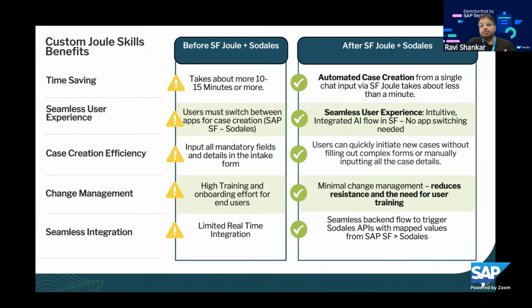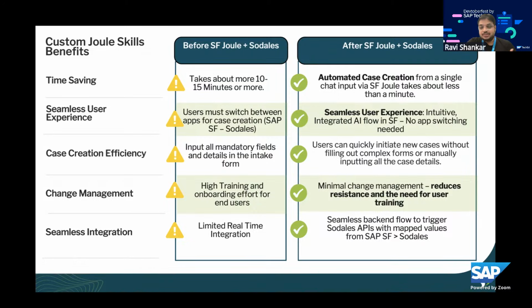We have customers looking for agents for labor relations, for health and safety, and for different user sets, such as discipline, with tailored searches where we can search policies, CBAs, and agreements, and based on that make faster decisions. So it's helping us improve time saving, seamless user experience, case creation, and change management.